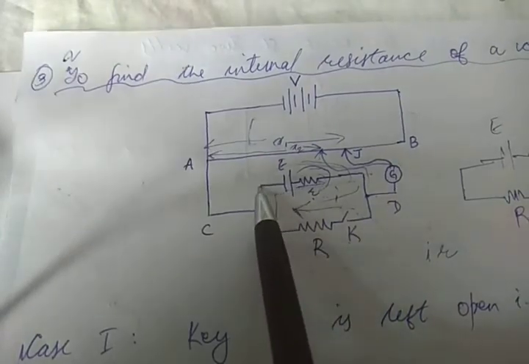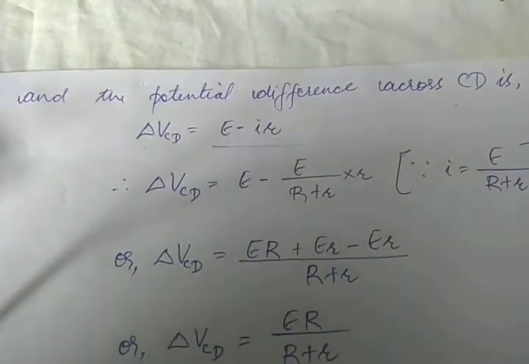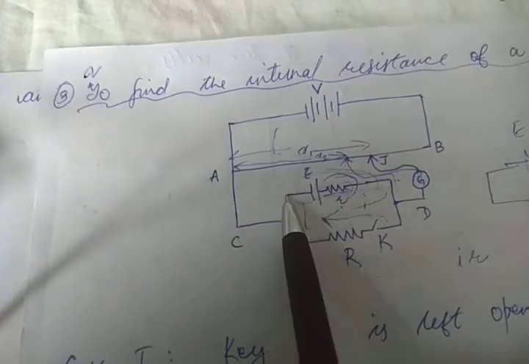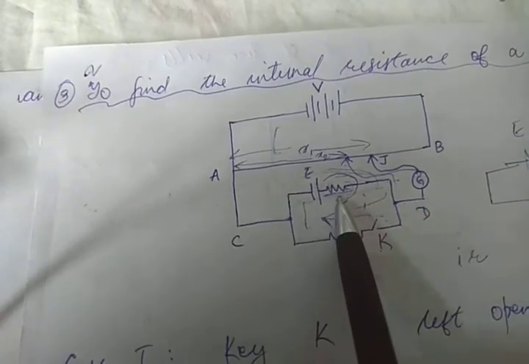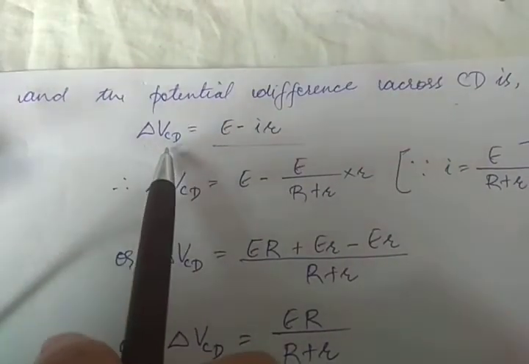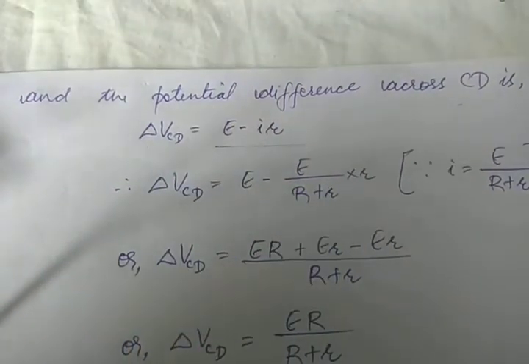And the potential difference across this upper arm is simply E minus Ir. The terminal voltage, in other words, across this upper arm will be E minus Ir, because there is voltage drop across this. So the potential difference across CD, which is delta VCD, will be E minus Ir.